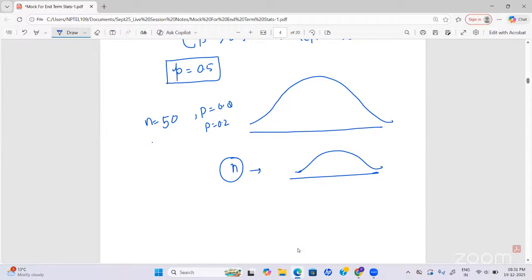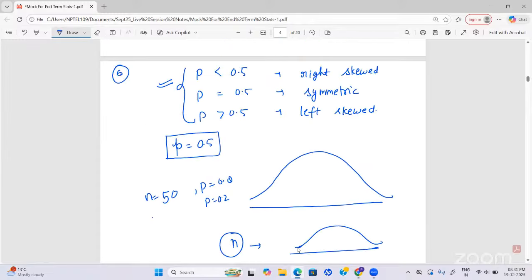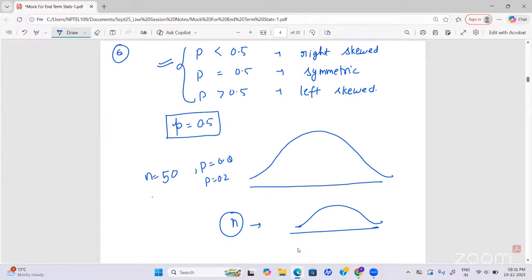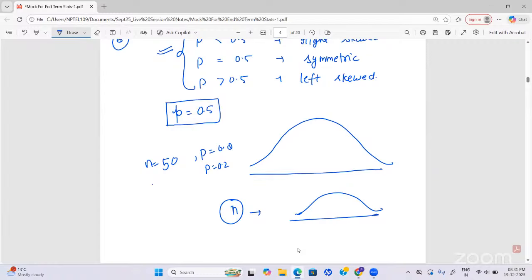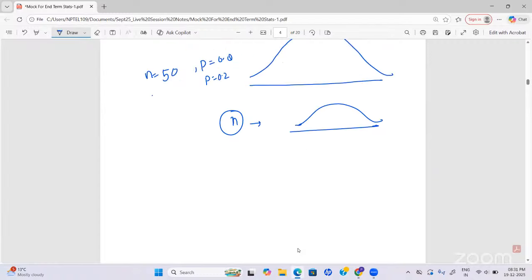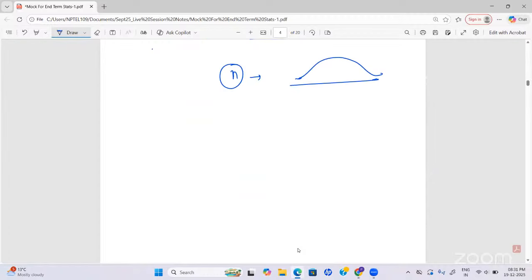Is it the same property or a different property? I think it is different, or I have to check that. I'm not sure about that right now. But this is the reason. As you keep increasing the n, the binomial distribution tends to be normal distribution.